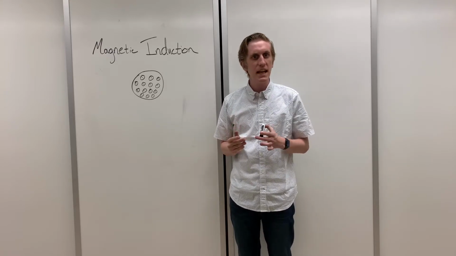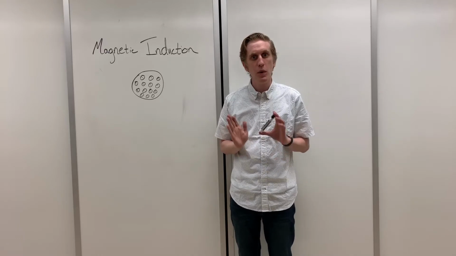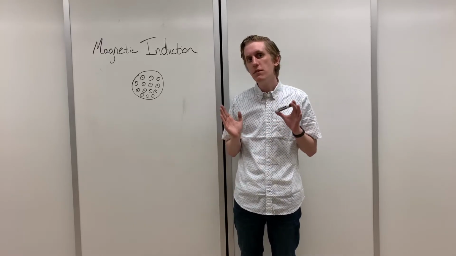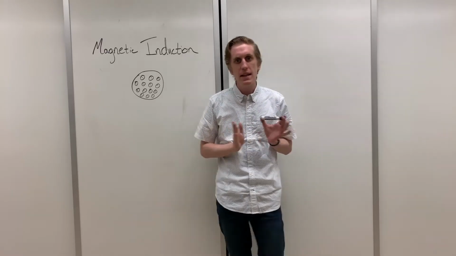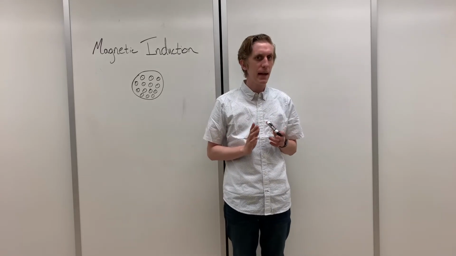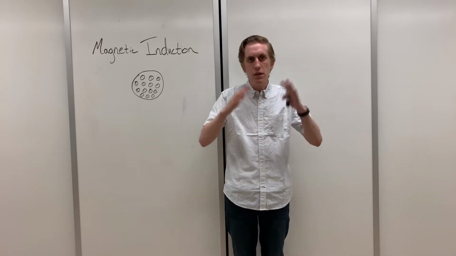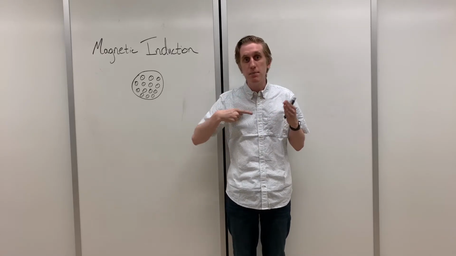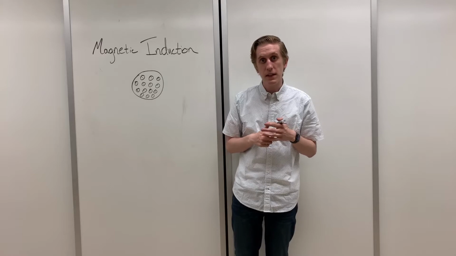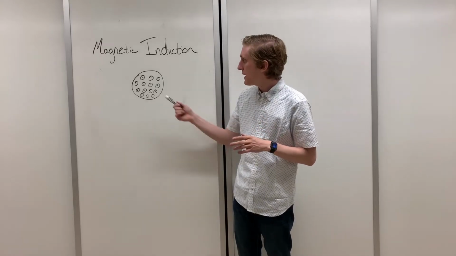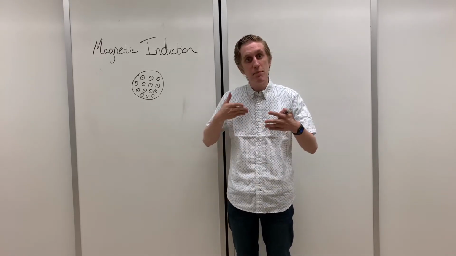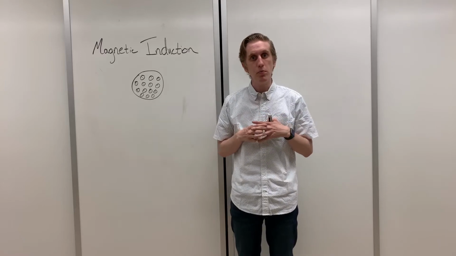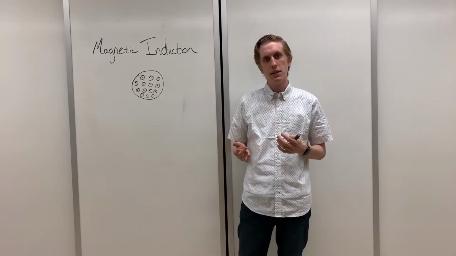But before we see how we can produce a current with a similar setup, we need to define another idea. This idea is known as magnetic flux. Flux is a description of something that is pointing through a surface. In this case, because this magnetic field is pointing through the loop, there's a magnetic flux.